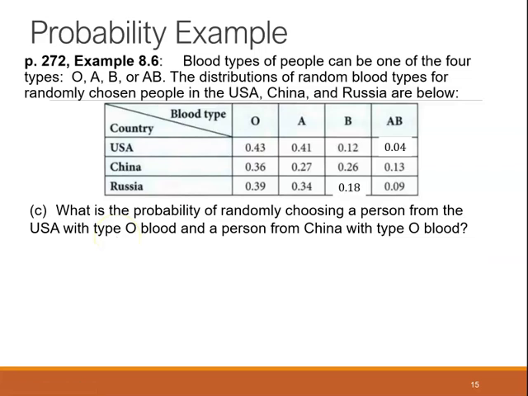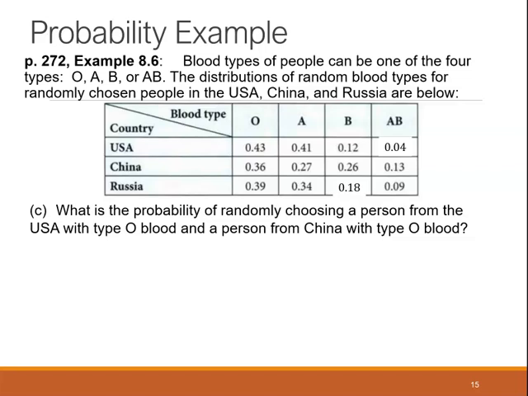What is the probability of randomly choosing a person with blood type O from the US and a person from China with blood type O? So here we're looking for the probability of O in the US and then O in China. So this is an intersection, right? That is the case where we care about independence.